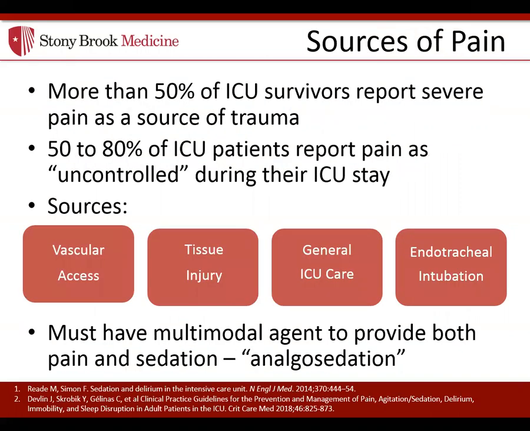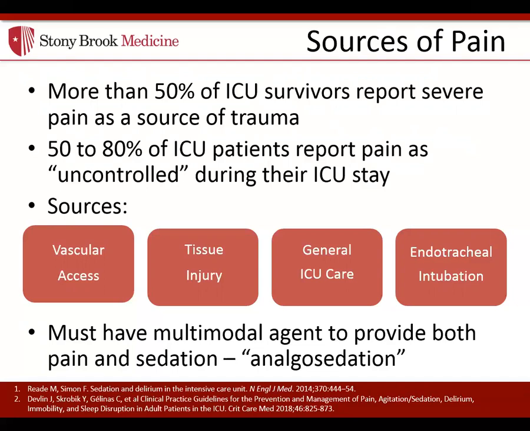And before we discuss the different agents, I want to understand the two main sources of distress that many clinicians are going to make an effort to address in the ICU. More than half of ICU survivors report severe and uncontrolled pain as their most traumatic memory during their ICU stay. Uncontrolled pain is often associated with long-term effects such as chronic pain and lower health-related quality of life.